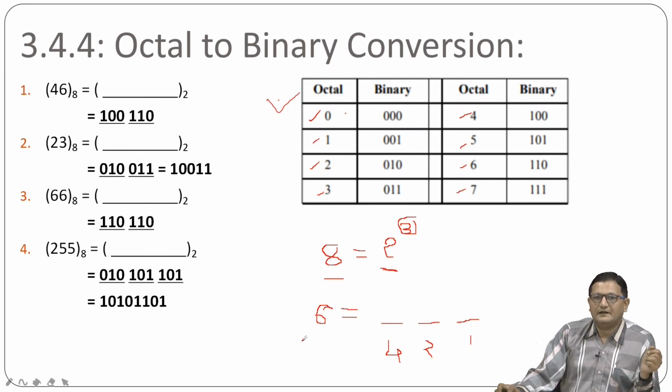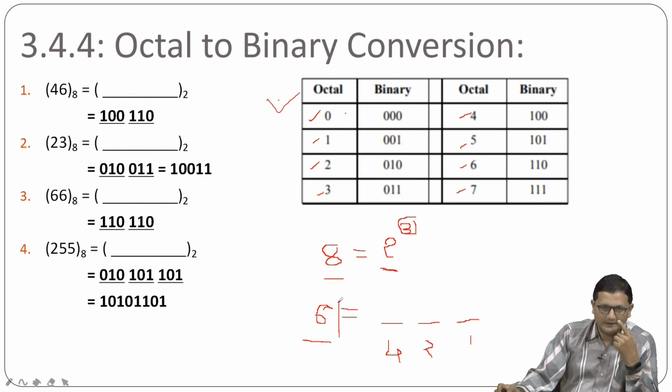Now what we have to do is make the binary of 6. So here 6 means we need to collect this 4, right? So 4 we have collected. Now 4 is collected, so you just subtract 4 from 6. So now how many remain? 2. Okay, fine.